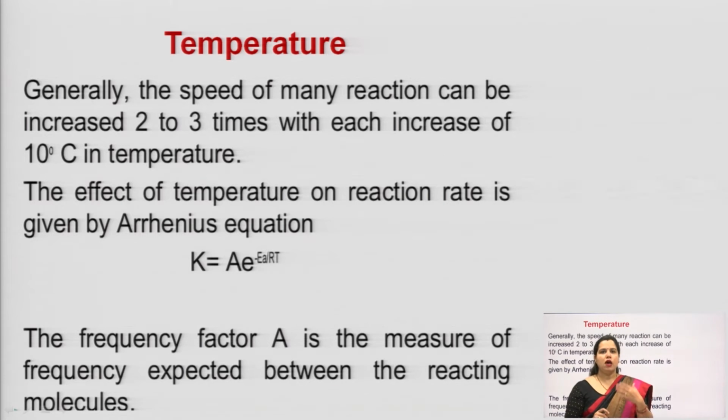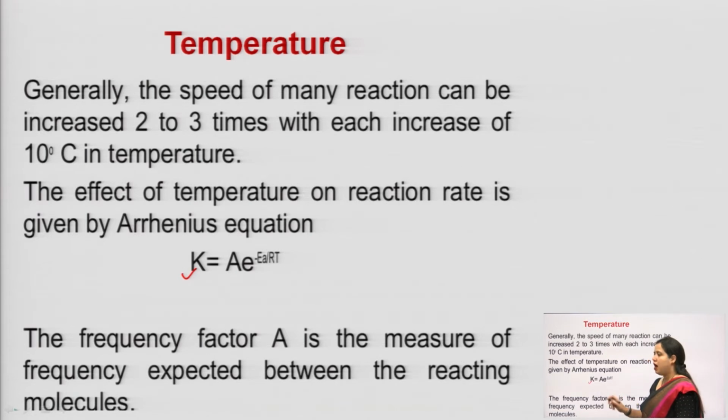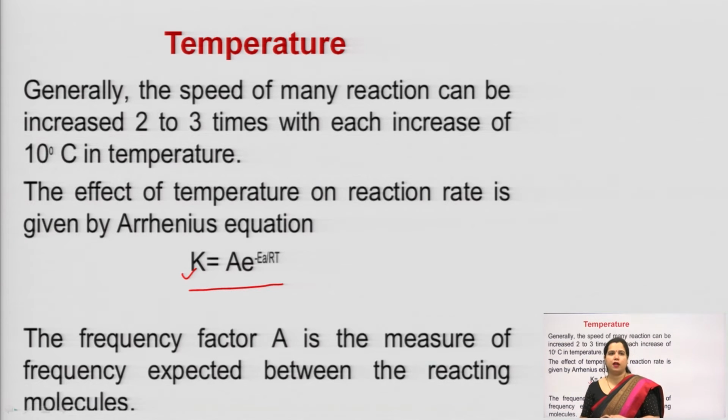So, ideally we calculate the apt temperature for a particular type of reaction. It can be calculated using the Arrhenius equation. This equation represents k is equal to A e to the power minus Ea divided by RT. This is the formula known as the Arrhenius equation.